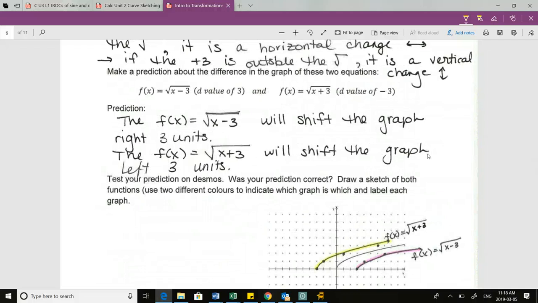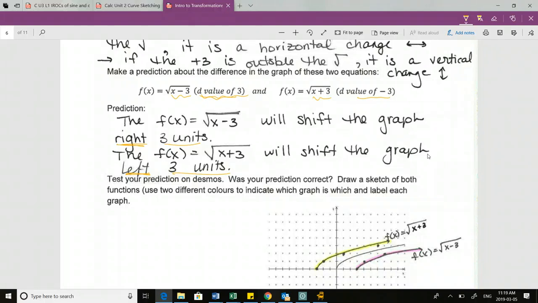Okay, so if we have something like this, a D value of 3, your prediction should have been that it would shift the graph right 3 units. And then if we have a D value of -3, it should shift the graph left 3 units. But it looks opposite in the equation as to what it actually is. So this looks like -3, but that's actually a D value of +3.